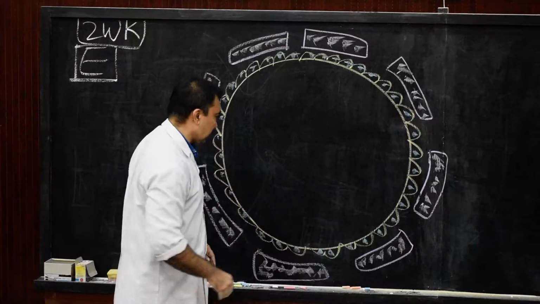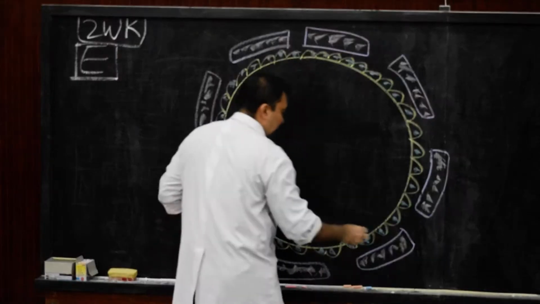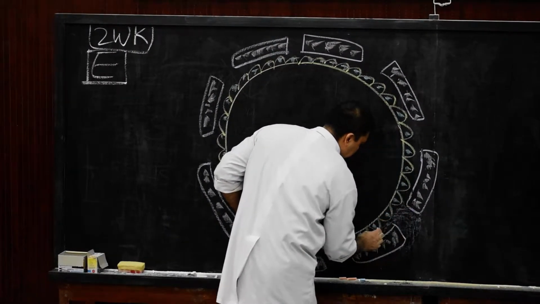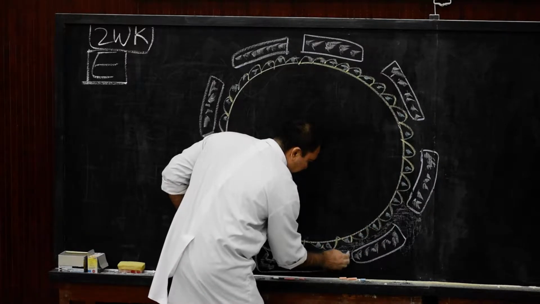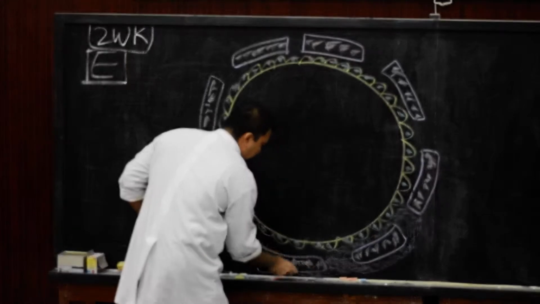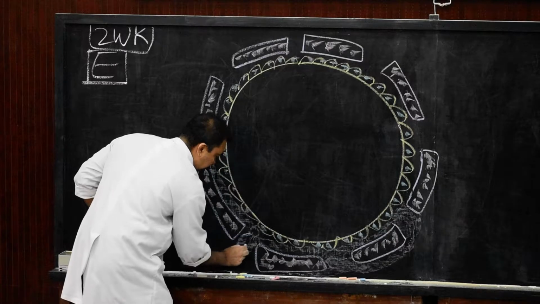Now the primary stem villi consists of syncytiotrophoblast and cytotrophoblast. So in the primary stem villi, we show the layer of syncytiotrophoblast here. I'm going to draw it here, and later on we are going to draw the cytotrophoblast.